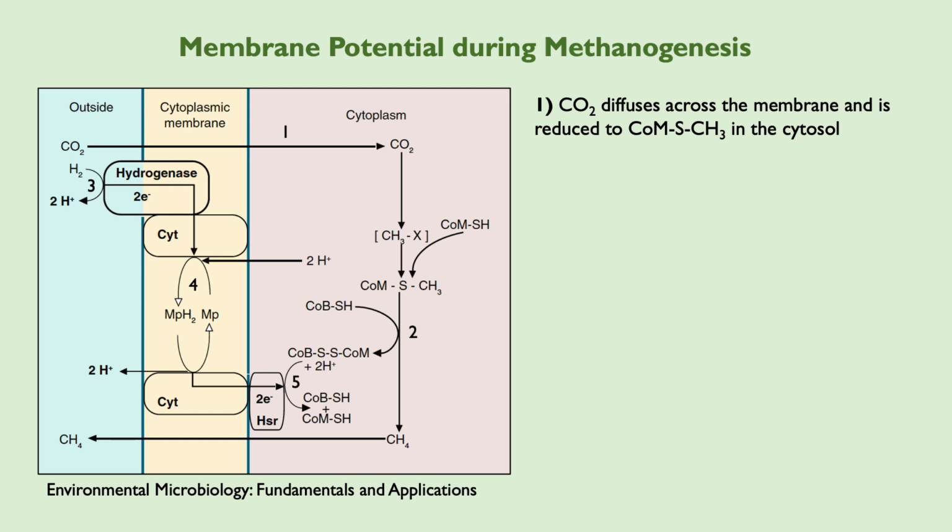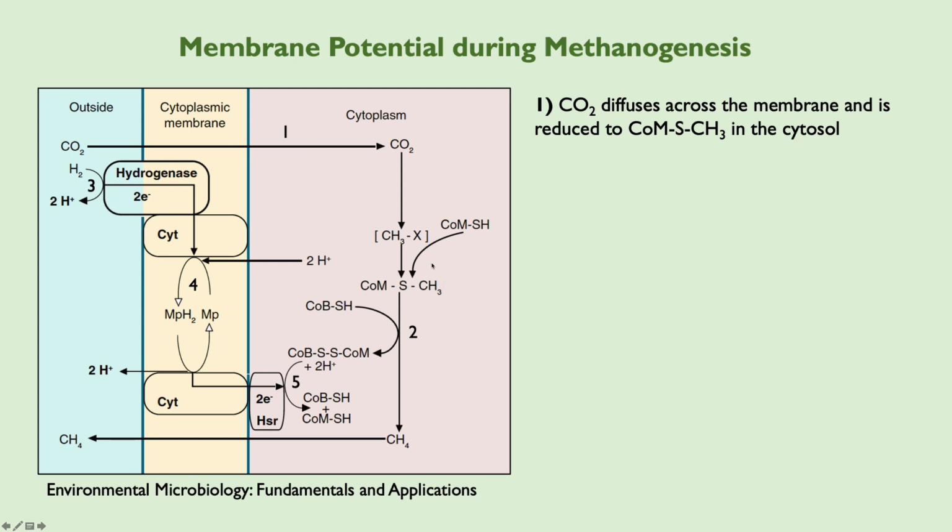Okay, so if we look at this diagram here, we can see a similar representation of this hydrogenotrophic pathway, but functioning as an electron transport chain. So we have CO2 outside of these archaea, diffusing across the cytoplasmic membrane into the cytoplasm. We can then have CO2 being reduced to methyl coenzyme M here in the cytosol.